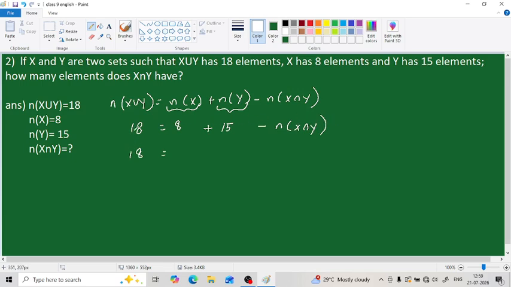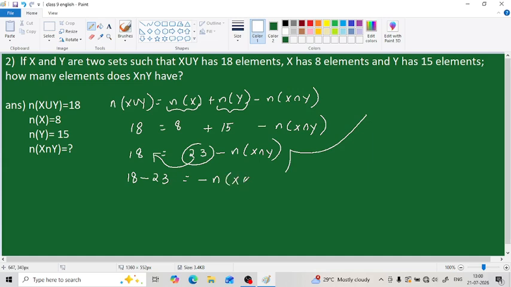Then 18 equal to 8 plus 15, isn't it, 23 minus n of x intersection y. From here we can solve it in both manners, isn't it? So 18, this plus 23 is replaced to this side, then it becomes minus 23 equal to minus n of x intersection y. Then 23 minus 18 is 5.